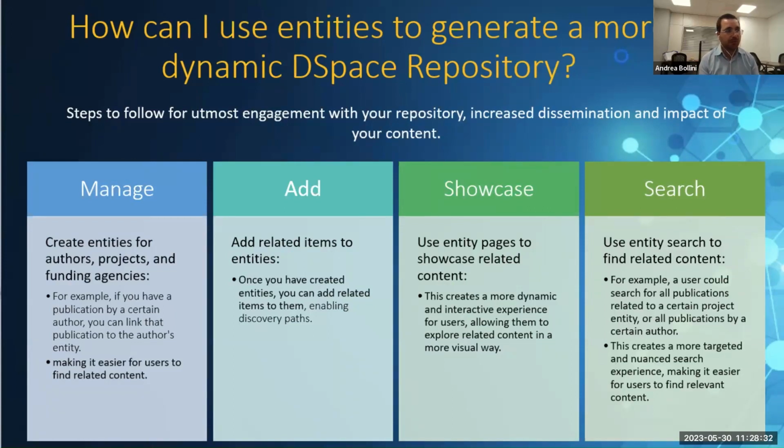We can move to the author profile and see the whole research output from this specific author. And this will make it easier for users to follow the research activities of a specific researcher.